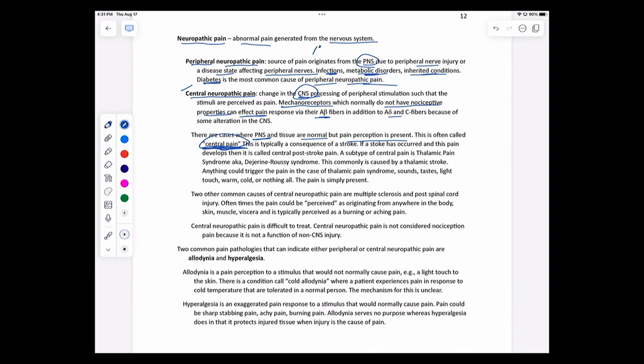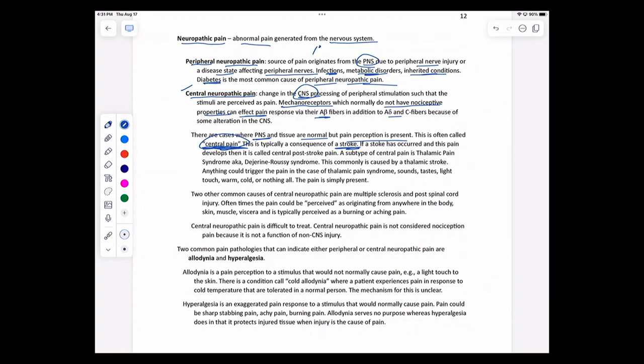Now, this is a special case here, though, because a person can have a stroke, and the end result of a stroke in either their spinal cord or their brain proper itself leaves them in a state of pain. In other words, a stroke has damaged some central nervous system tissue, and now the pain pathway is becoming active.